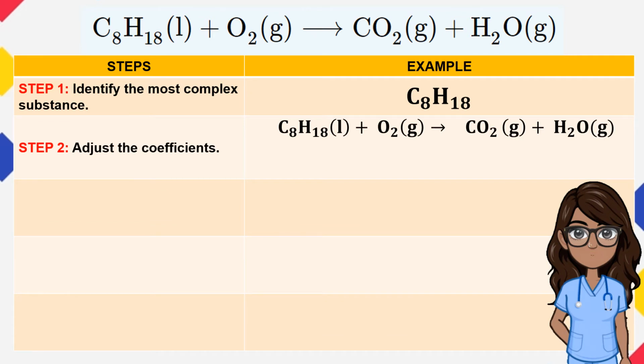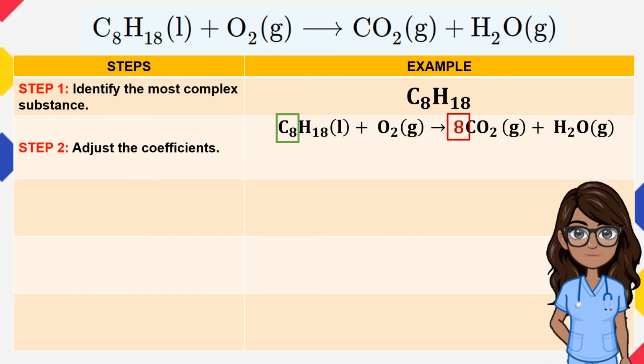The second step is to adjust the coefficients. The first element that appears only once in the reactants is carbon. 8 carbon atoms in isooctane means that there must be how many carbon dioxide molecules in the products? Yes, 8 CO2 molecules.